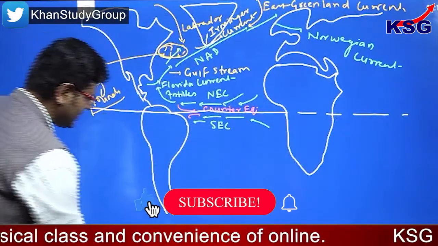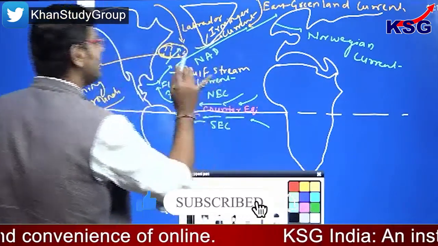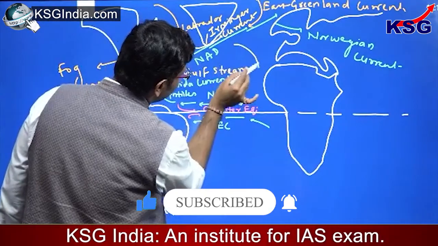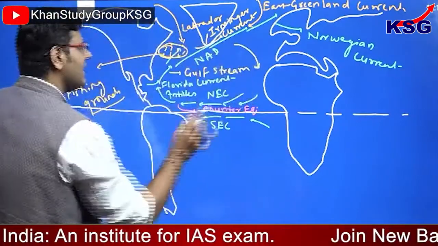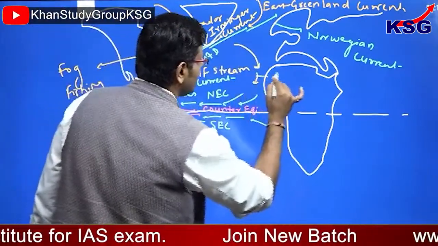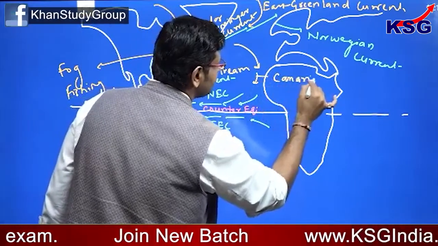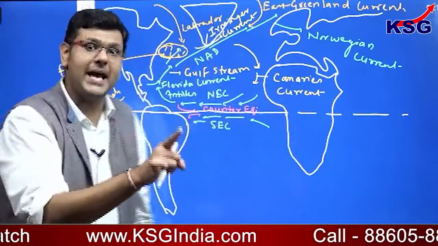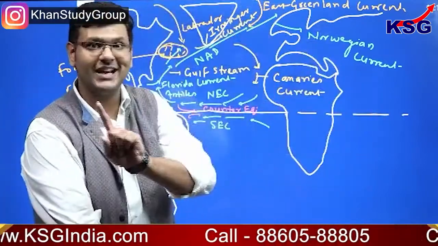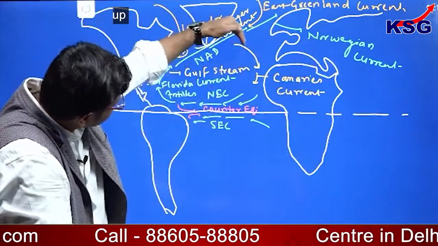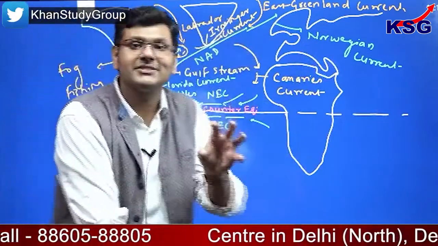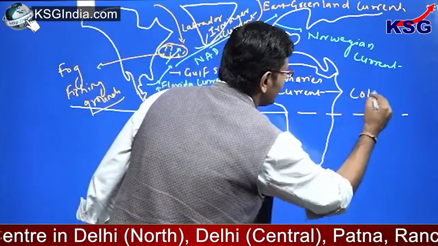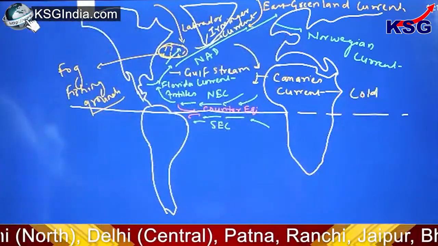Now just see what happens here. The North Atlantic Drift again takes a movement here and moves in the form of the Canaries current. This Canaries current is comparable to the Californian current. It is coming from the pole towards the equator, so it is the cold Canaries current.